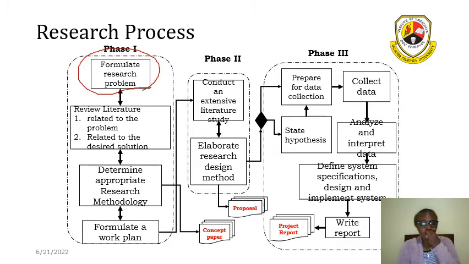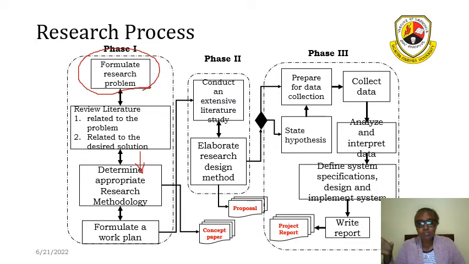Once we've identified our research problem, it then leads to determining the appropriate research methods. By now you know you have even a pre-recorded video on research methods or research strategies. I pinpointed what a research method is, as opposed to a research tool like questionnaires, observations and literature review.